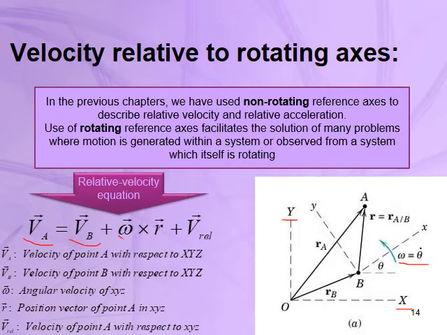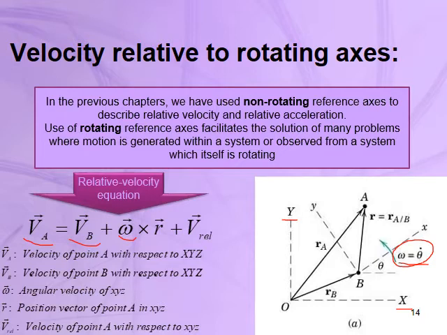Omega, as I told you, is theta dot here, for example, and it's the angular velocity of the relative coordinate system, which here is shown with lowercase x and y.